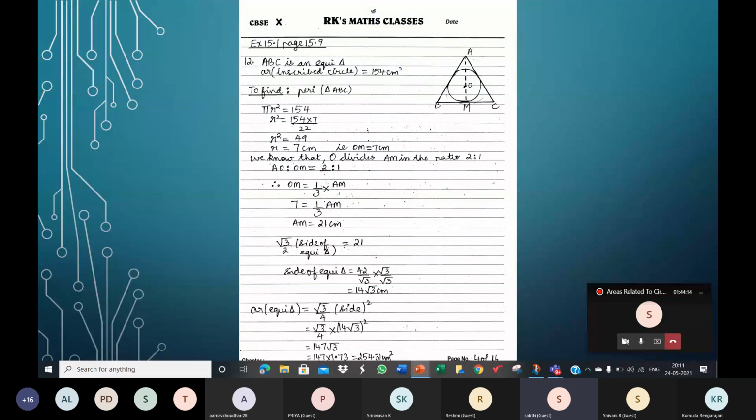As M is the median, I took MC equal to half AC, so by that I got 14 root 3. If you read out your steps, I can tell you, or you share a picture of your working on WhatsApp, I can go through it now in the class and let you know if your steps are correct.